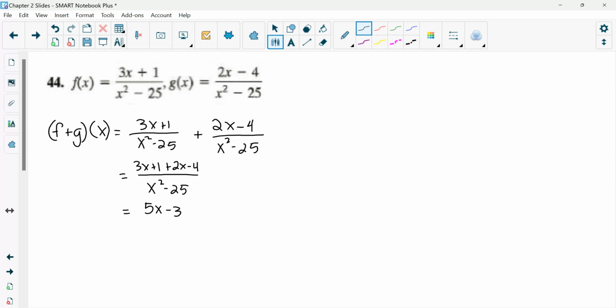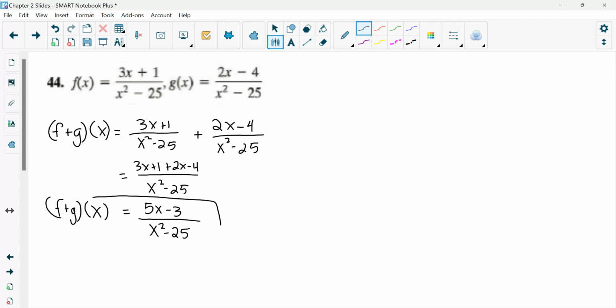There's no GCF in 5x minus 3, there's nothing I can factor. So that's my numerator, and our denominator is x squared minus 25 still. So f plus g of x is equal to 5x minus 3 over x squared minus 25.